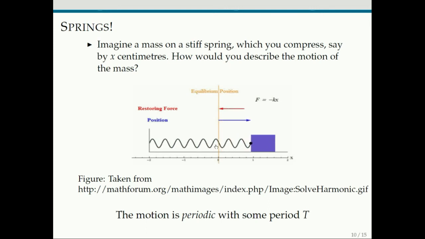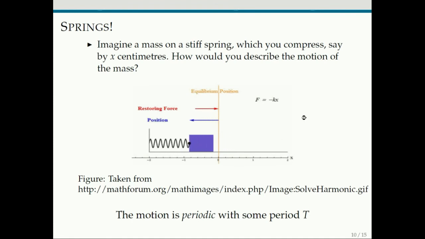So we have a mass attached by a spring to the wall here, and you see that the position changes, the position indicated by this blue arrow. It keeps oscillating back and forth, back and forth. The red arrow here represents what's called the restoring force, and that's the force due to the stiffness of the spring on the mass.